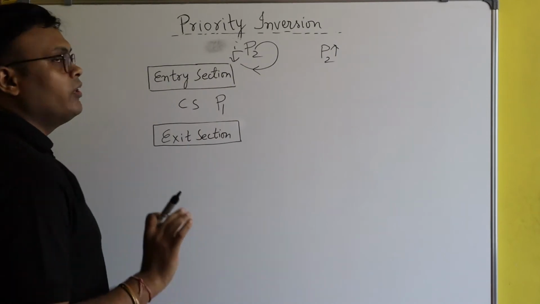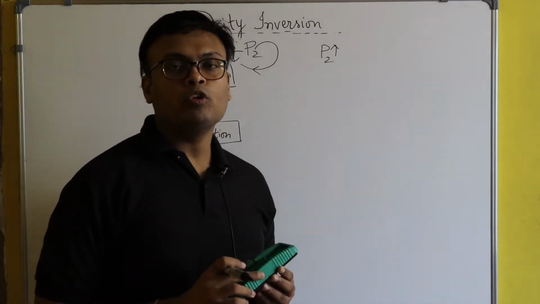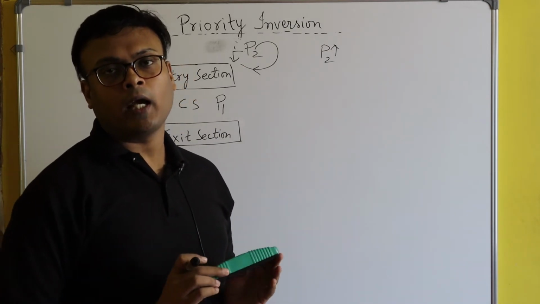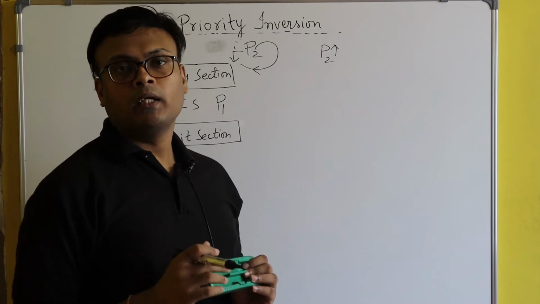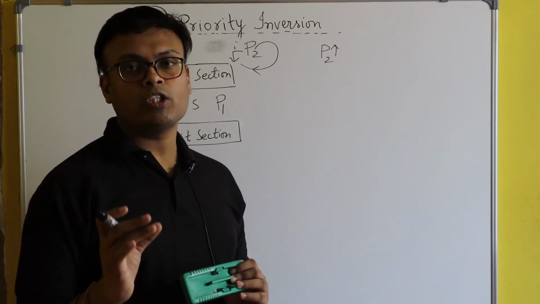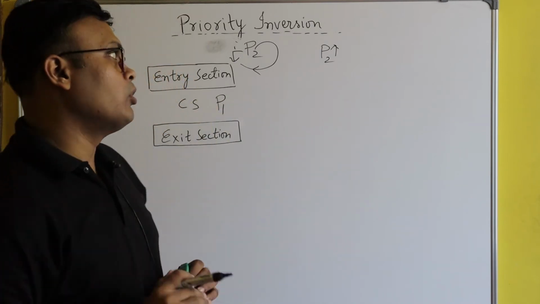We have already seen in CPU scheduling that in the priority scheduling algorithm, if a higher priority process comes, then the CPU is snatched from the lower priority process and given to the higher priority process.